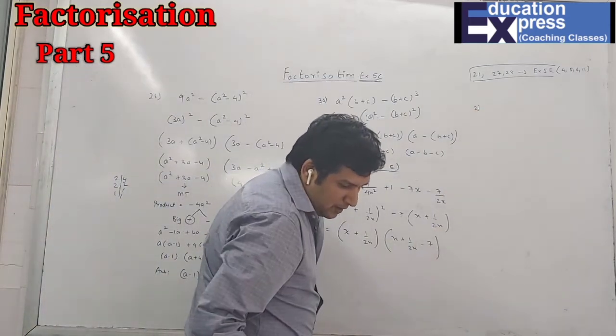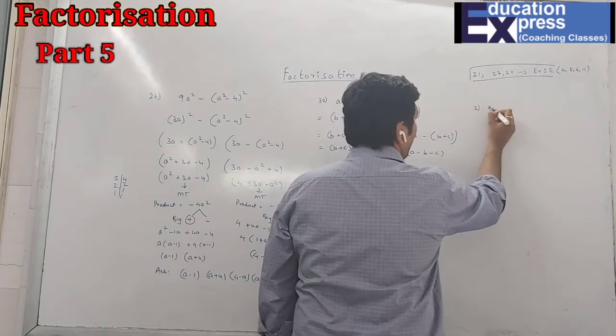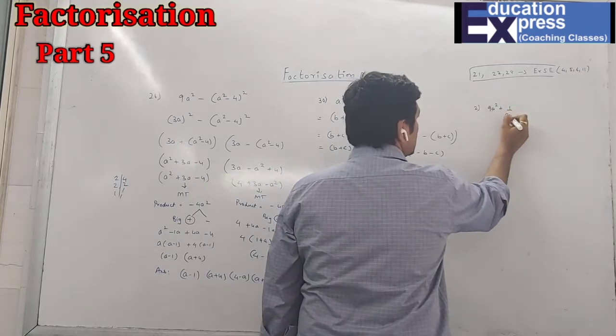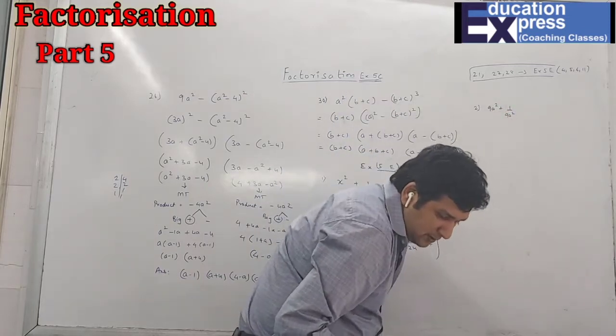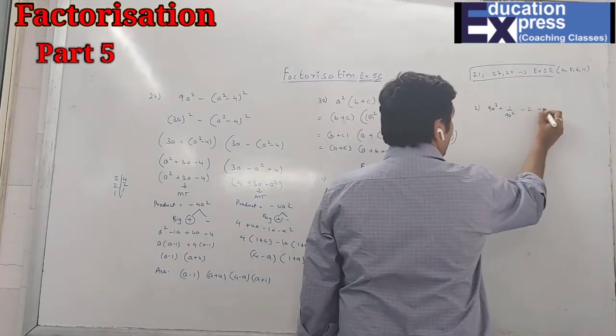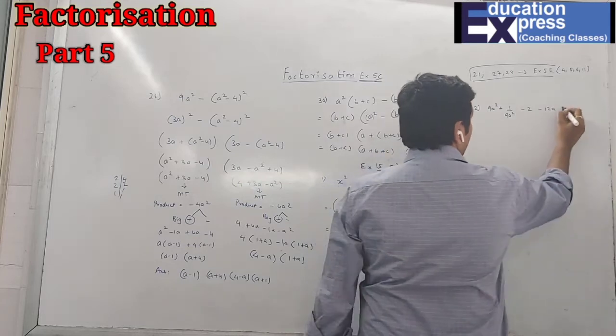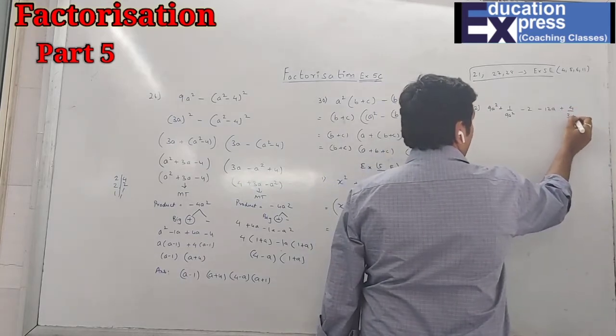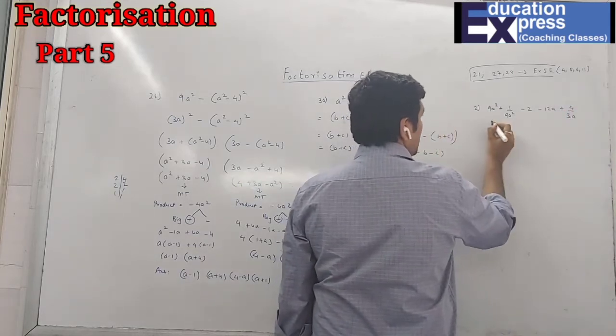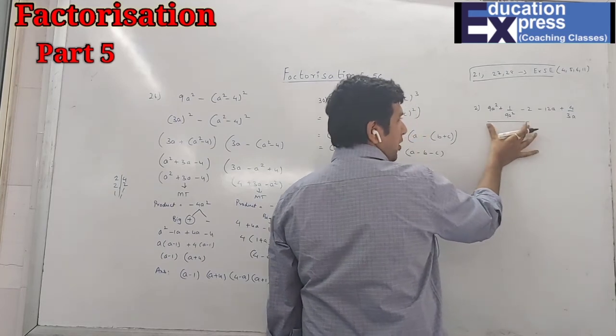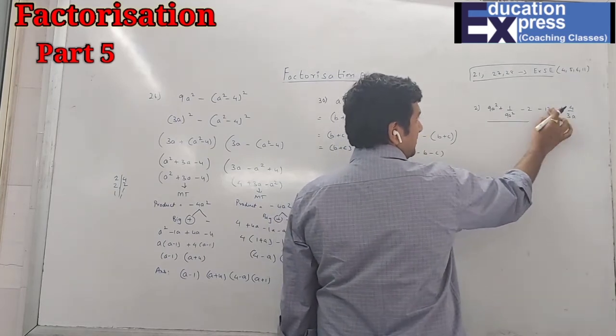Ditto same. 9a square plus 1 upon 9a square minus 2 minus 12a plus 4 upon 3a. So now you can see over here again these 3 terms have an identity, and here there is something common.